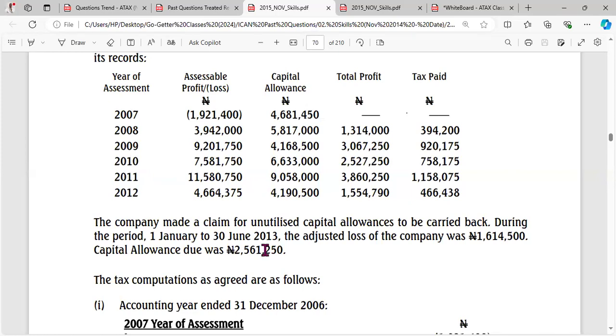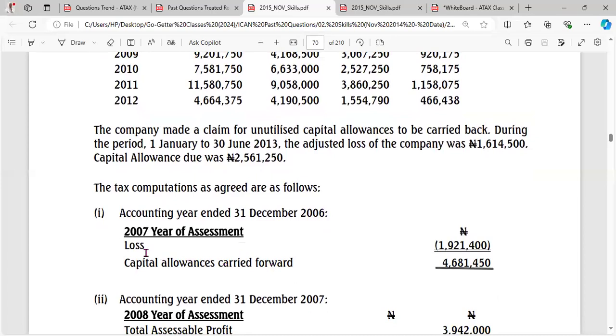And we said the year of assessment of a cessation of business is determined on the date that the cessation tax is due. And we said that if the business ceased in between January 1 to June 30, the year of cessation will also be in the same year. Okay? So that's the same thing we have here.